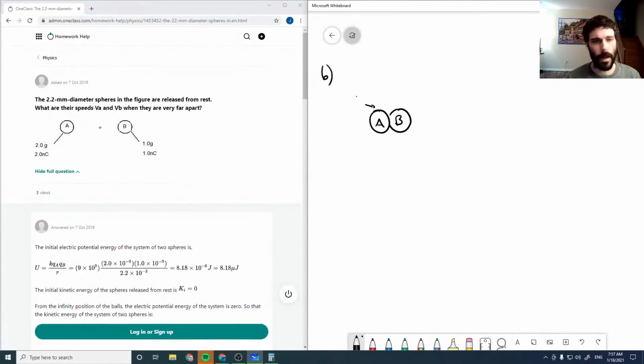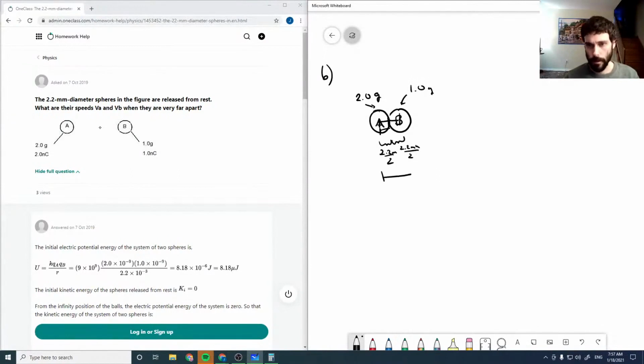One sphere has a mass of 2 grams, the other a mass of 1 gram. Both have a diameter of 2.2 millimeters, so this is 2.2 millimeters over 2. This is 2.2 millimeters over 2.